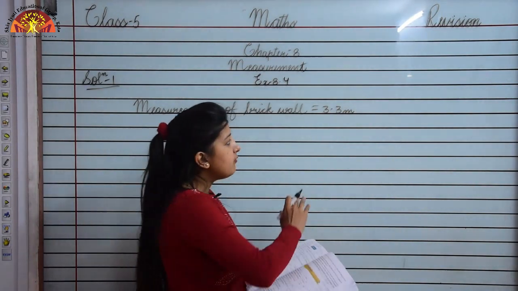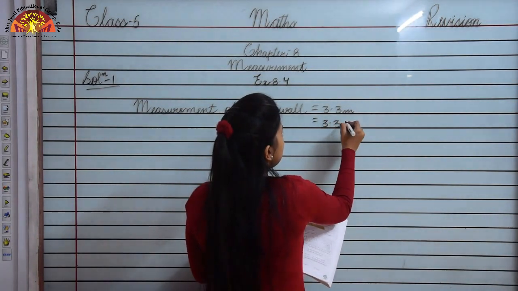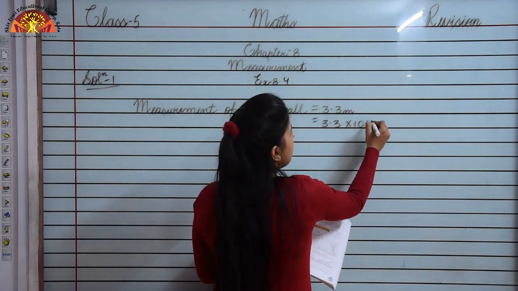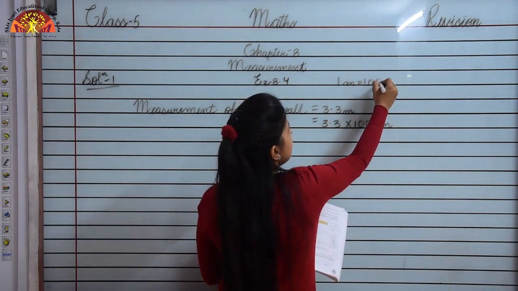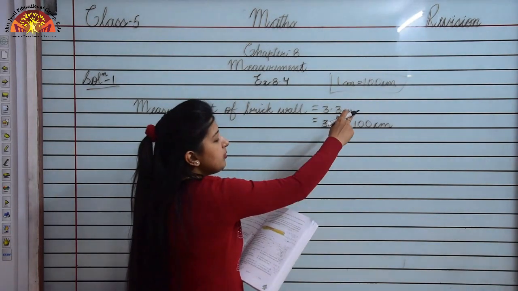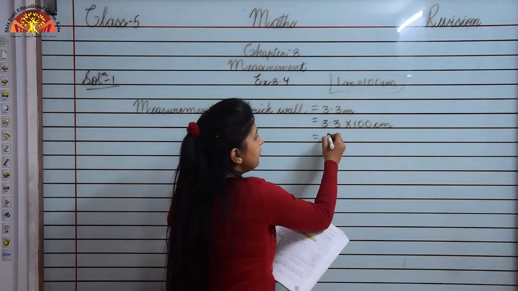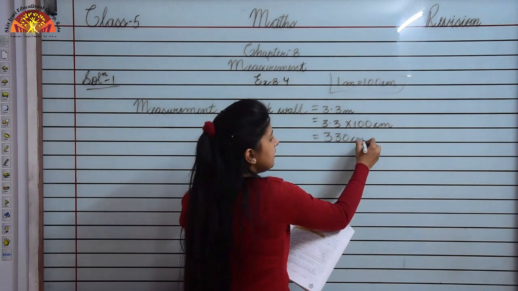So we have to convert it also in centimeter. So 3.3 multiply by 100, because 1 meter equals to 100 centimeter. So we are multiplying 3.3 meter by 100. So the measurement of brick wall is 330 centimeter.